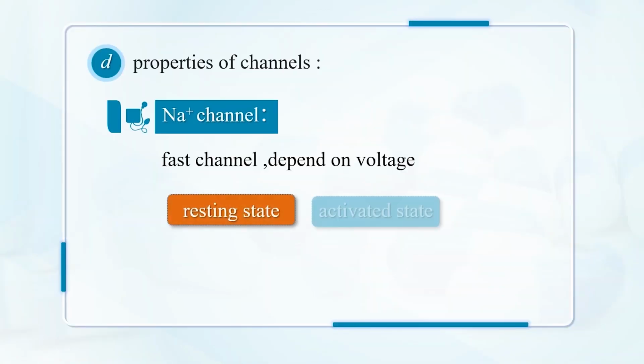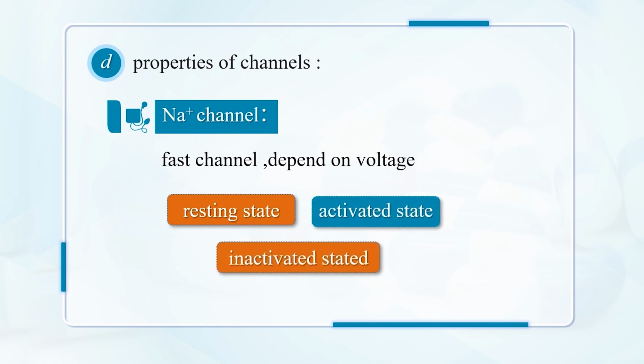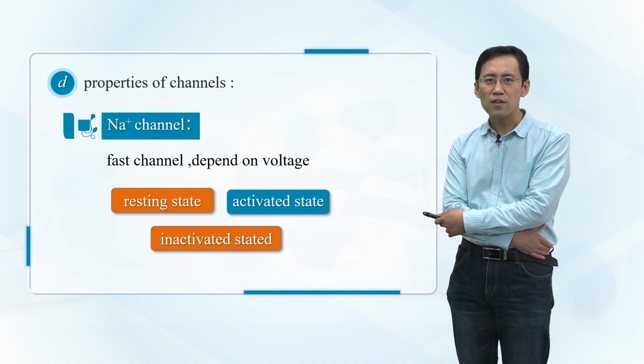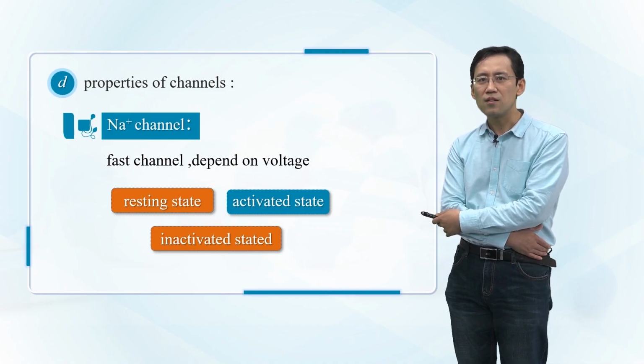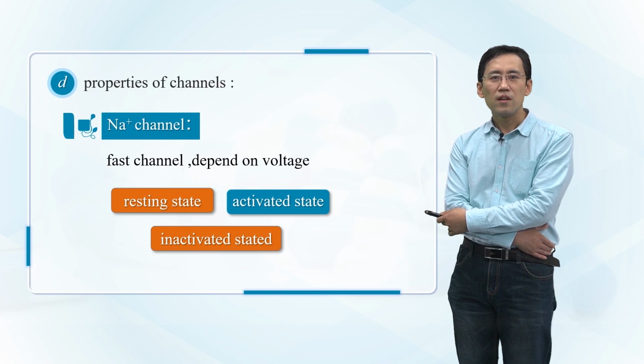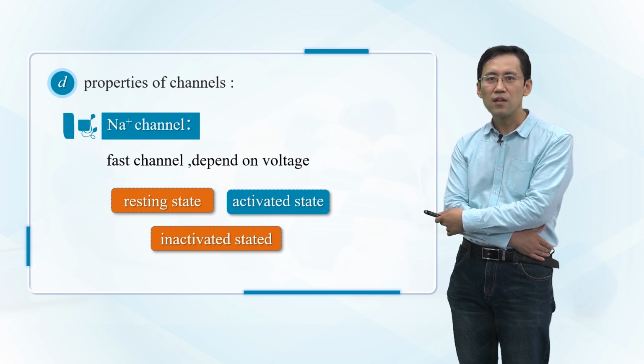These are the properties of the channels. The sodium channel is a fast channel. It depends on voltage. It has a resting state, an activated state, and an inactivated state.